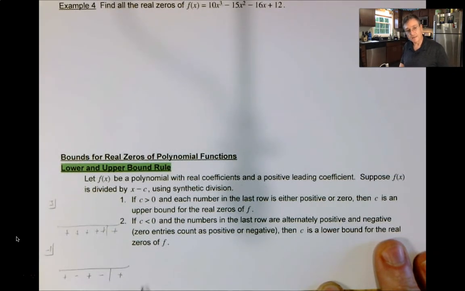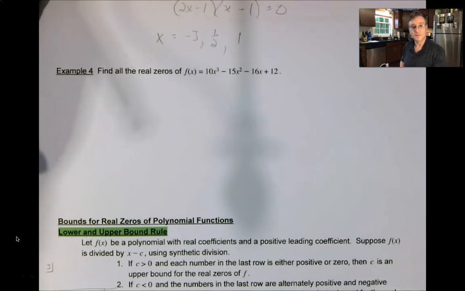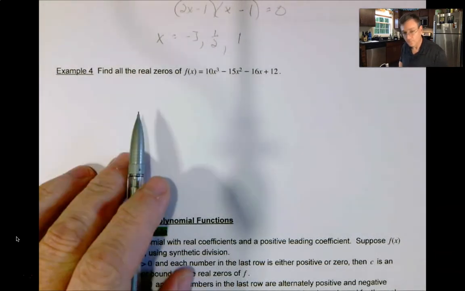They have to alternate. As long as the bottom row keeps alternating signs, then there would be no zeros to the left of negative 1 on the number line. There would be no zeros smaller than negative 1. This would be a lower bound. Okay, so we'll keep that in mind as we do example 4.